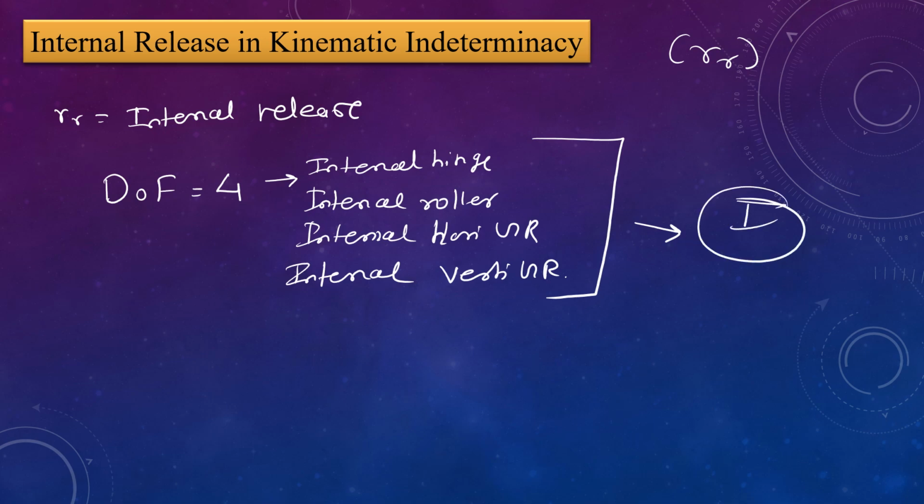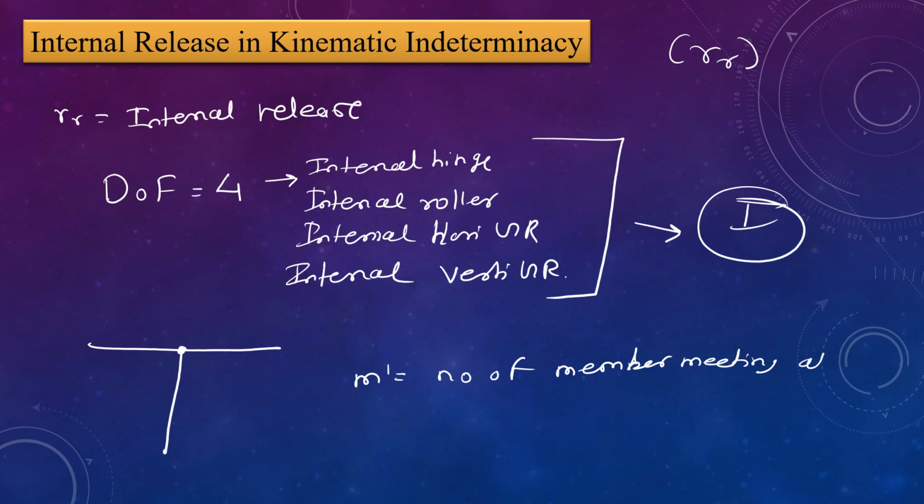Next, this is a junction or a joint. Here M dash is the number of members meeting at the junction. So here the RR value is equal to M dash plus 2.